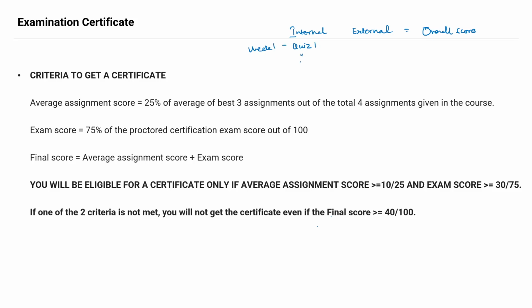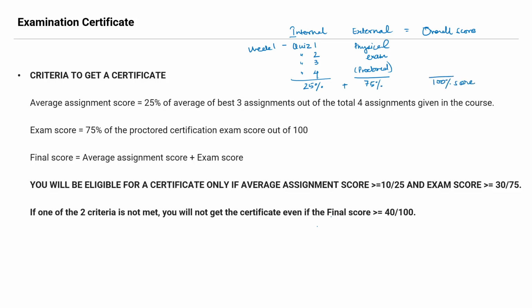So we'll have basically 4 quizzes, and the weightage will be 25% of it. External is basically your physical examination, which will be conducted in a designated center. Since it's a proctored examination, it will obviously have more weightage, right? So 75% weightage is given to it. And these two sum up to build your final score.